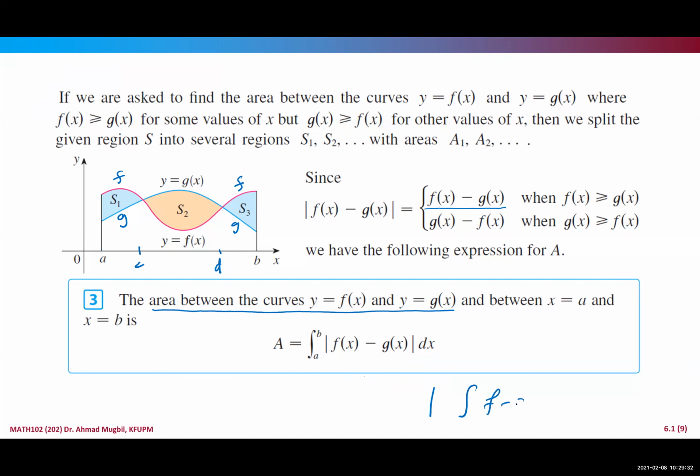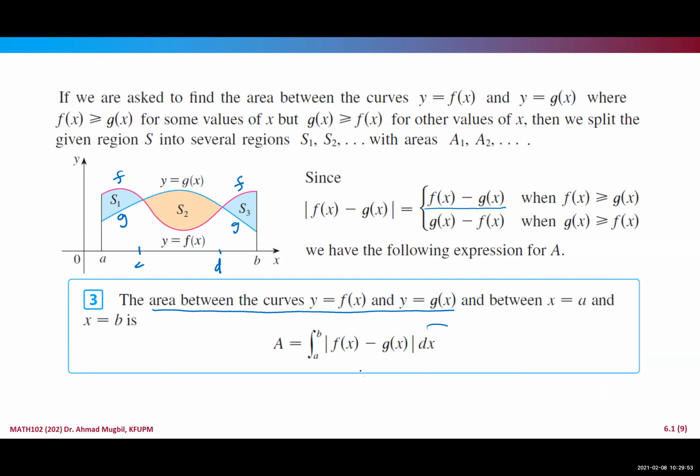The absolute value of the integral, ya shabab, is not equal to the integral of the absolute value. So be careful about this. They are not the same, okay? Because here you calculate the integral and then take the absolute value. No, here you need to consider the absolute value, then integrate.